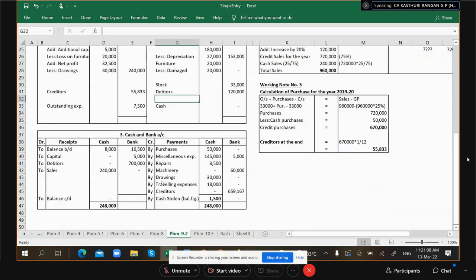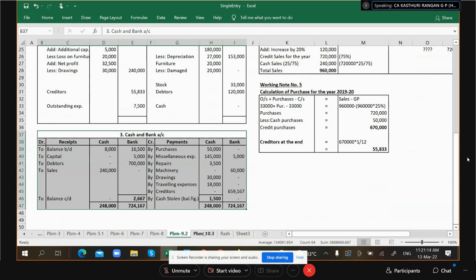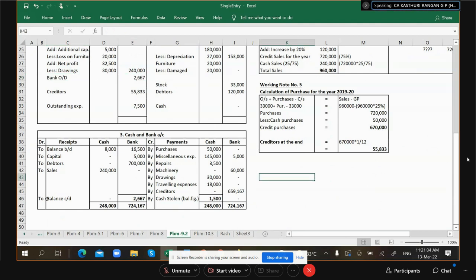You have to check. In this problem, the bank balance is credit. That means an OD balance. The payment side is more than the receipt side. There is an OD balance of 2,667. Where will you put it? In the balance sheet. Bank OD, liability side, 2,667.